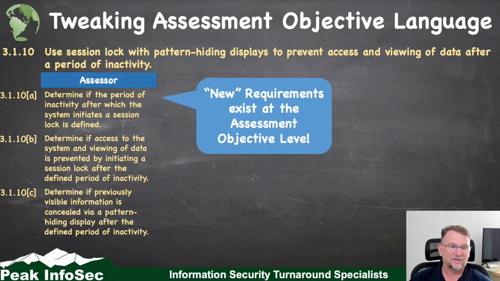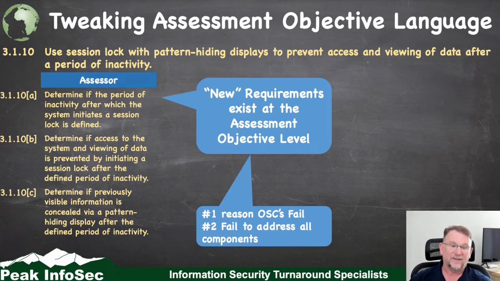Again, these are hidden traps that you as the OSC tend to fail as the number one reason: you did not address all the assessment objectives because you focused at the requirement level. The number two reason is failing to address all of the components that would apply to. We'll hear more about these as we continue going on.